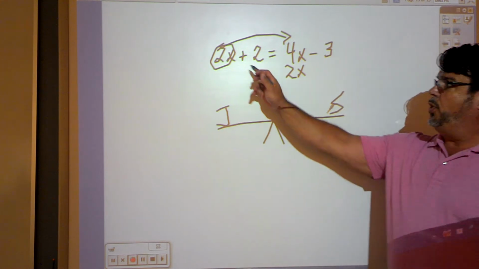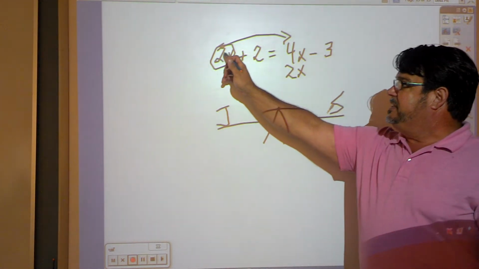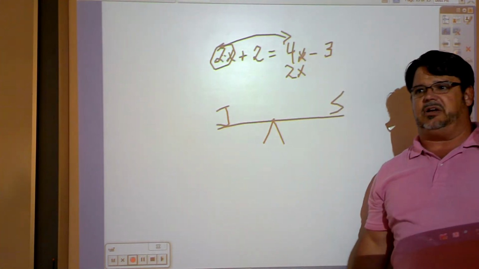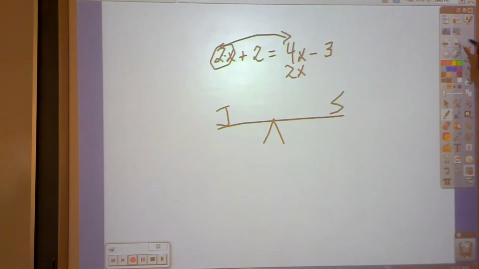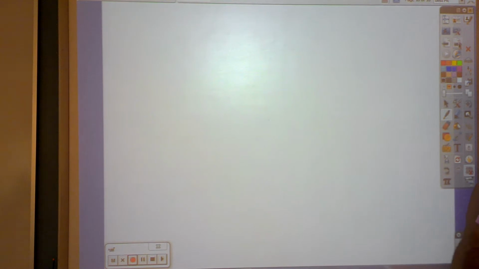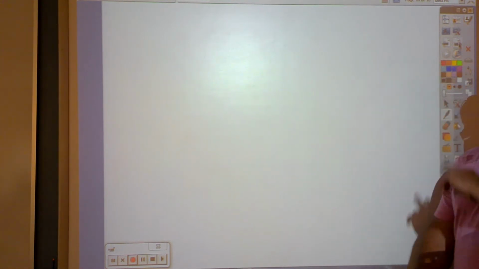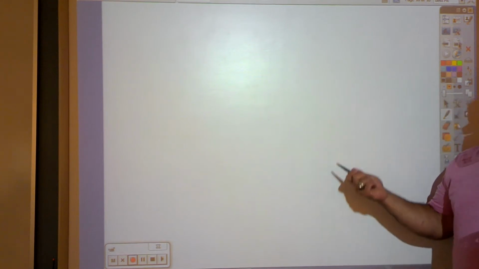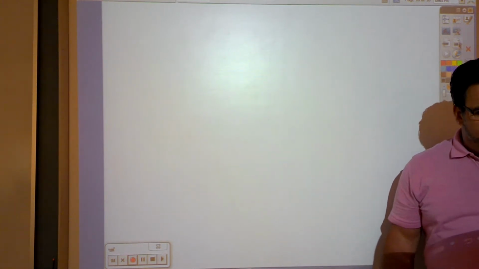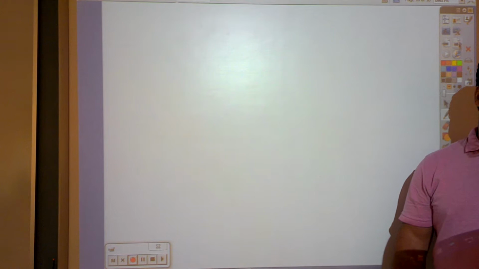Well, that's what this woman is doing, having a fit saying that 2X can't go over here, that's ridiculous. I'm sorry, I just have a couple of pet peeves. The 2X going to the right side is a pet peeve of mine. It's not a big deal. And the negative in front of a slope is not a big deal.